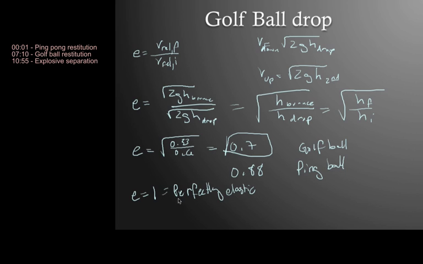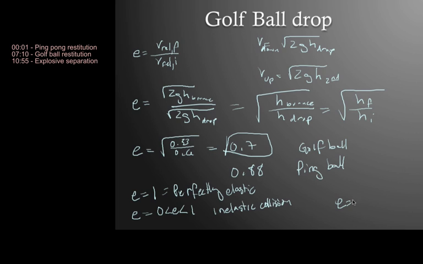So here all of the kinetic energy is conserved if our coefficient of restitution is 1. For E between 0 and 1, these are inelastic collisions, like our golf ball and our ping pong ball colliding with a table.